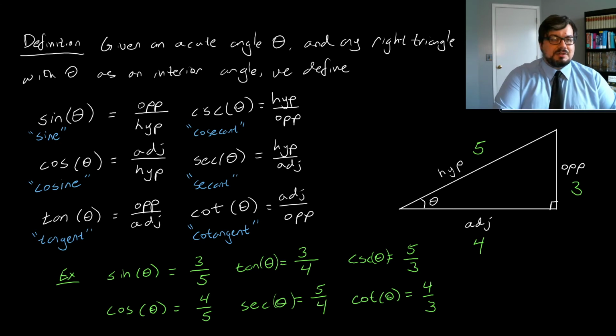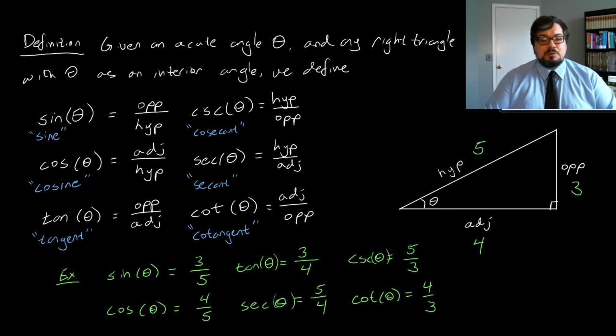remember how this goes. So the first thing to notice is that the 3 functions on the right in my table up here are the reciprocals of the ones on the left. This is very important for remembering how they go.